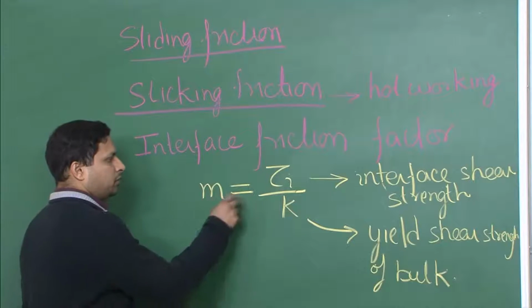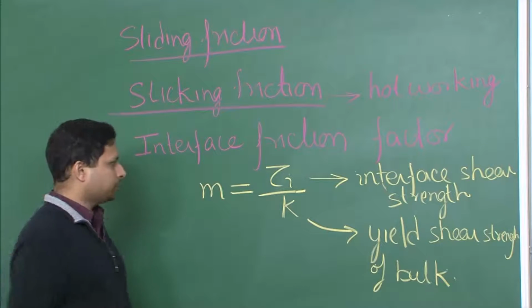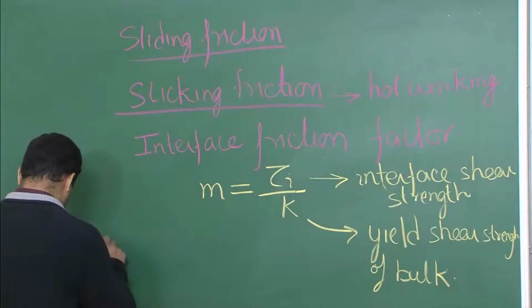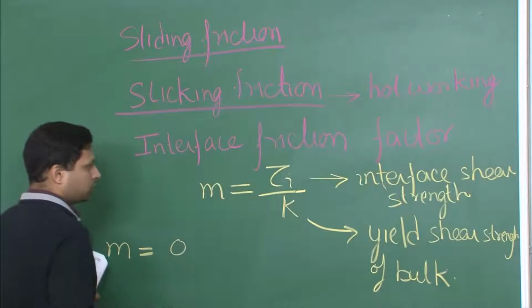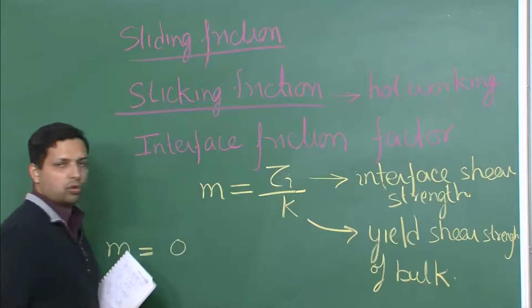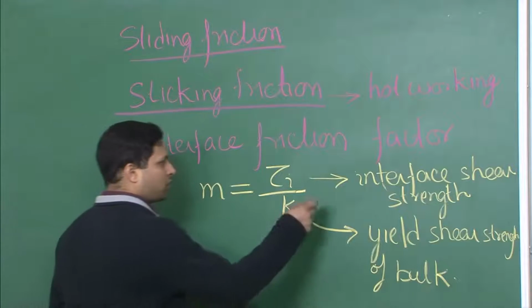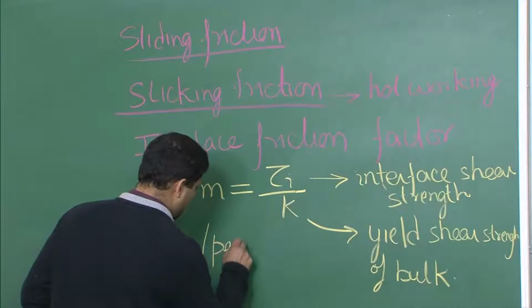So, this m describes the ratio of tau I by k, and this m can vary from 0. When it is 0, it means there is no shear stress, or there is negligible shear strength of the interface, which is fully sliding, perfect sliding condition.